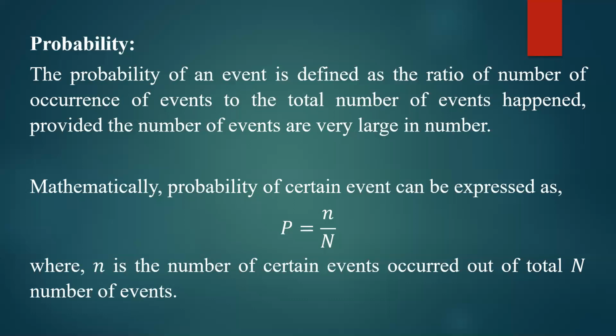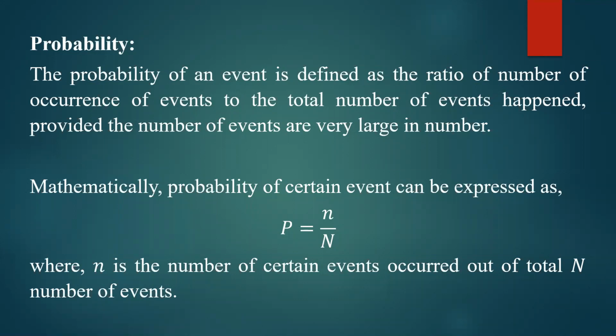The total number of possibilities is 2, head or tail. In the example of 10 balls numbered 1 to 10, the total number of possibilities is 10, since I can pick any ball having different numbers. Out of 10 possibilities, the possibility of picking ball number 1 is 1. So it is the possibility of that particular event divided by the total number of possibilities. That is how we can understand this concept.